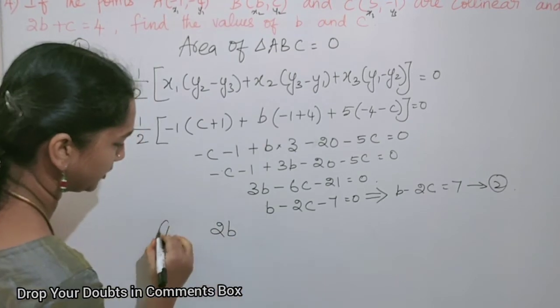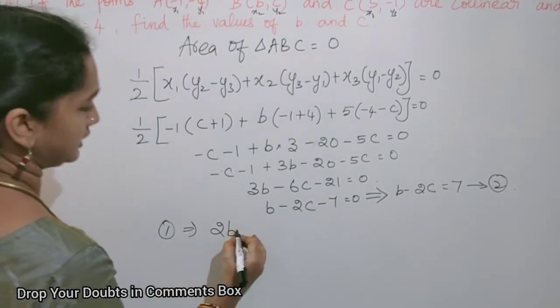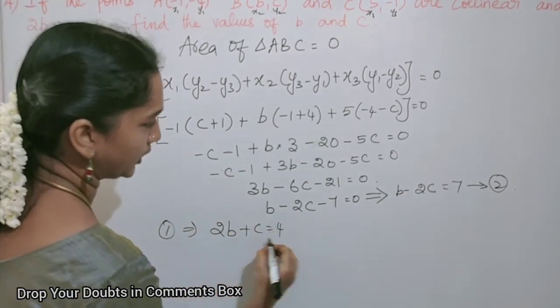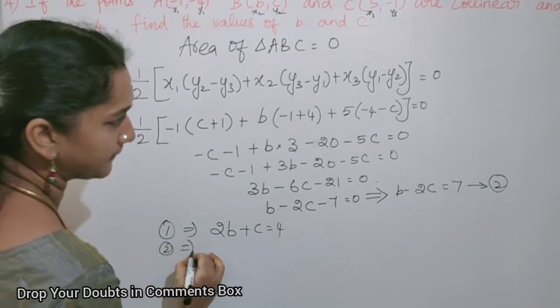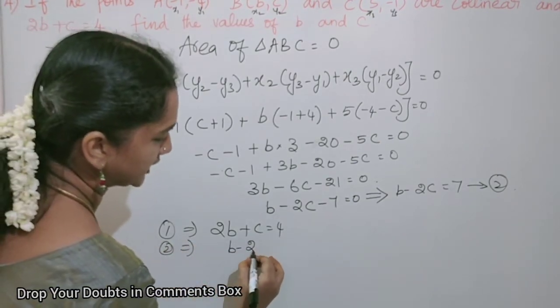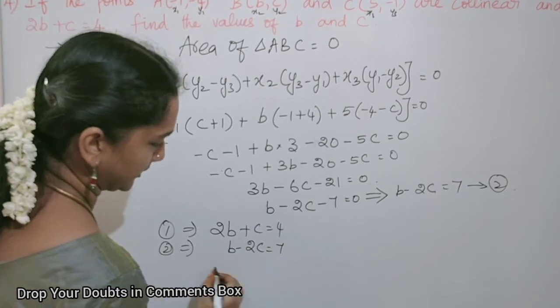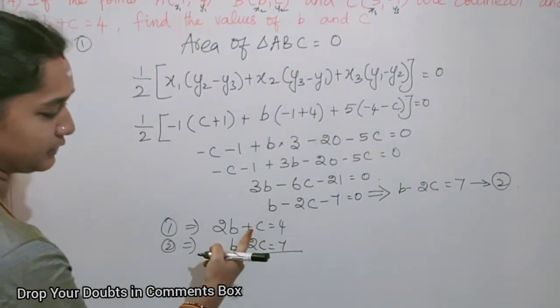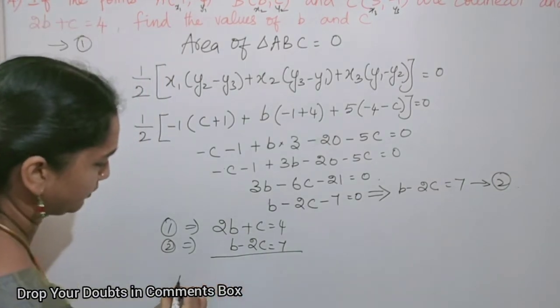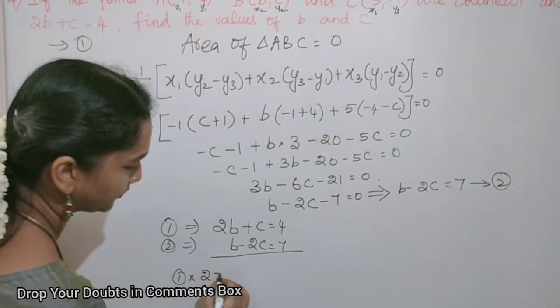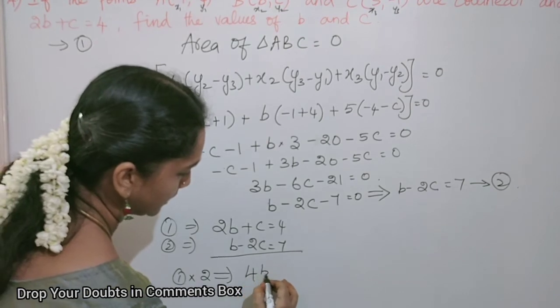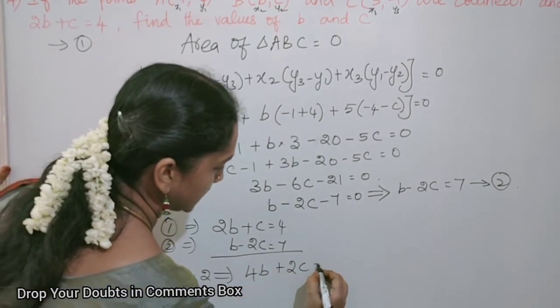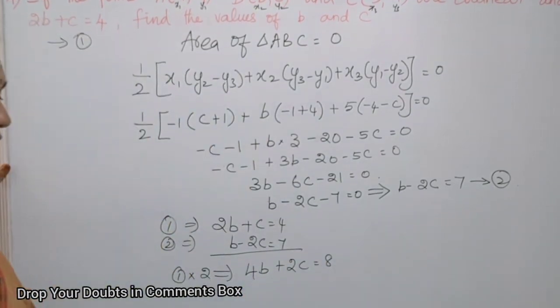The first equation is 2b plus c is equal to 4 and the second equation is b minus 2c is equal to 7. So I am multiplying the first equation by 2: 4b plus 2c is equal to 8, since 4 2s are 8.